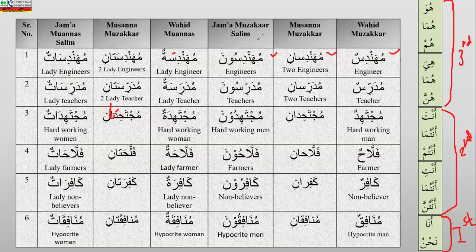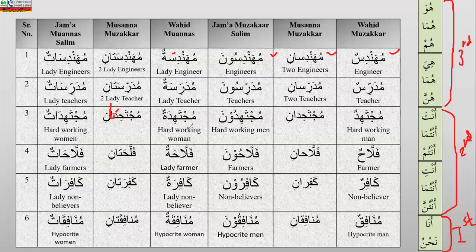Arshia. Yes, sister, please use second person for hardworking man, mujtahidun, and make the sentence. Anta mujtahidun, antuma mujtahidani, antum mujtahiduna.